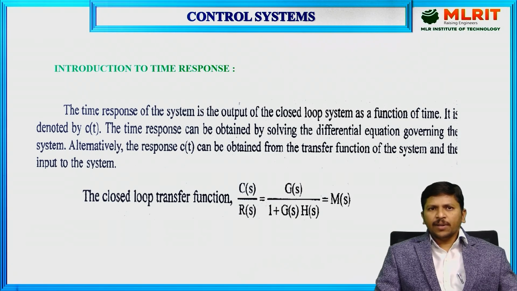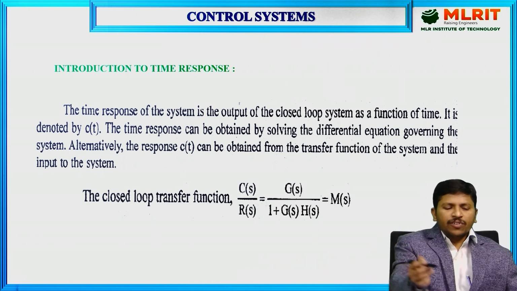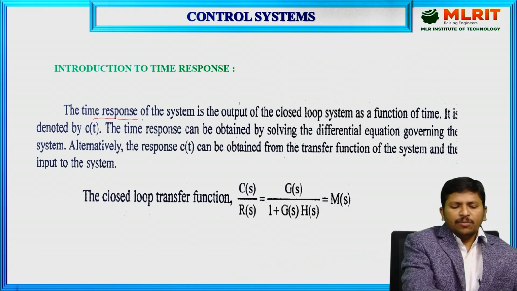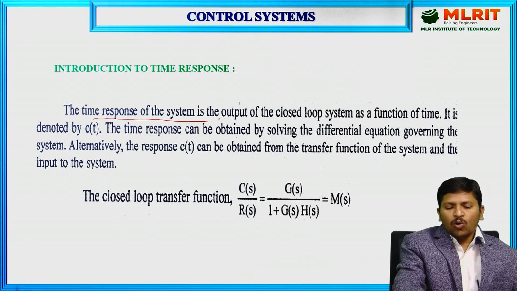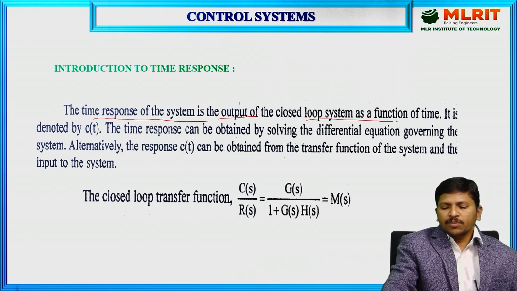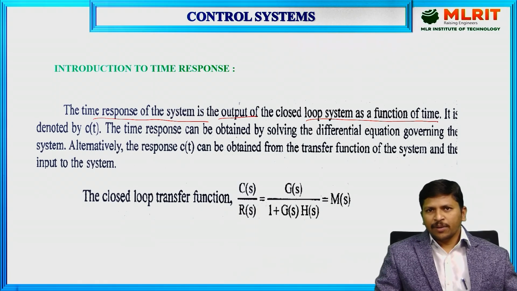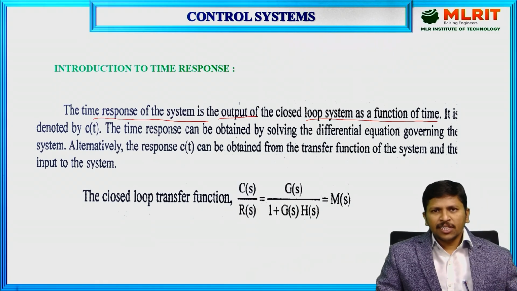Just see here, the time response of the system is the output of the closed loop system as a function of time. If any system response is a function of time, it is known as the time response.